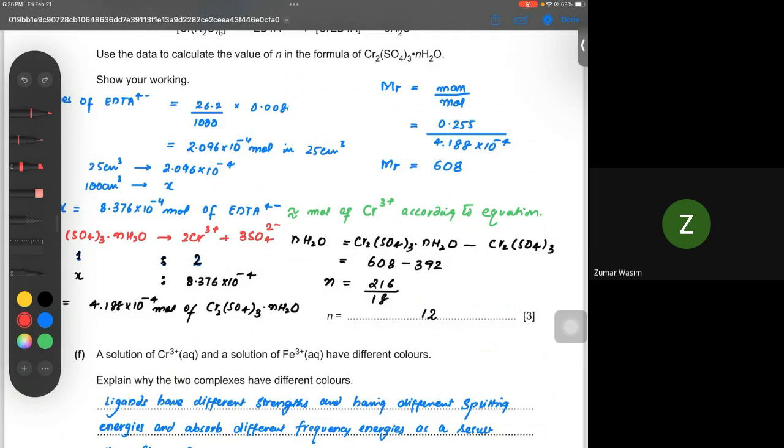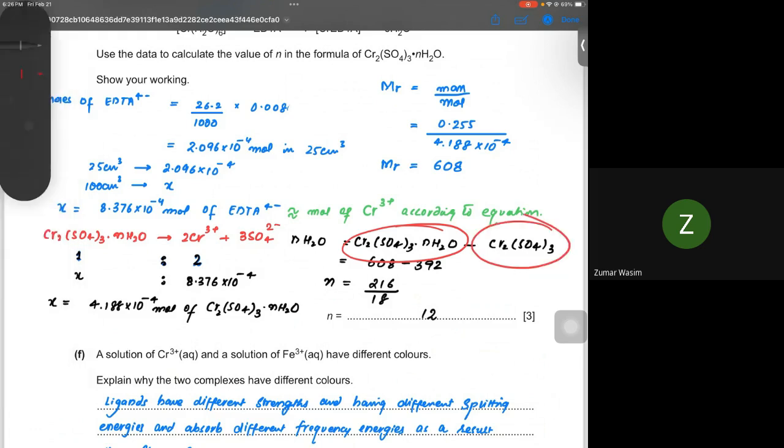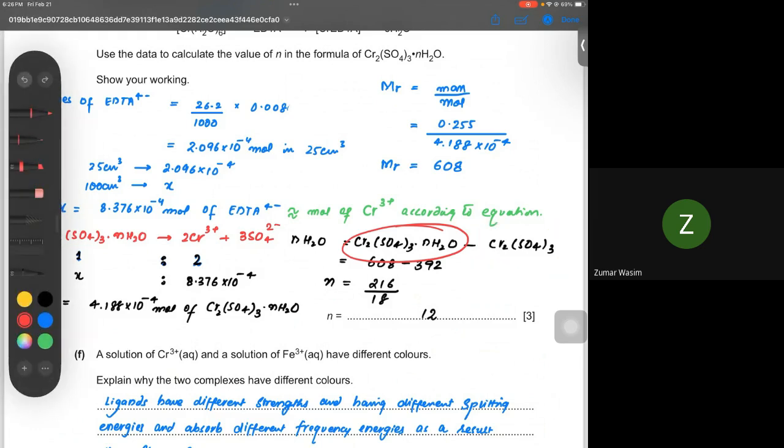If you remember the same question you used to do in your IGCSE when you were asked the value of x: the total mass is 608 that I got. I'm going to subtract the molecular mass of chromium sulfate, that is 392, from this value. After the subtraction, I would be getting an integer.